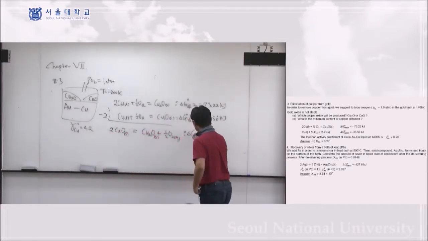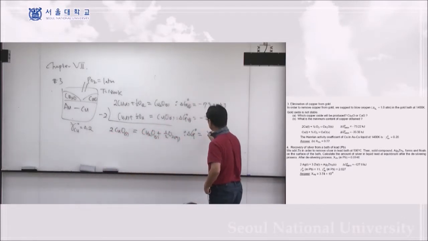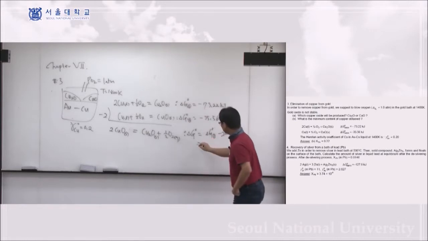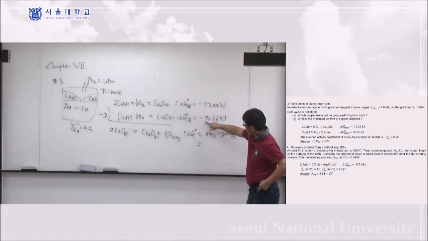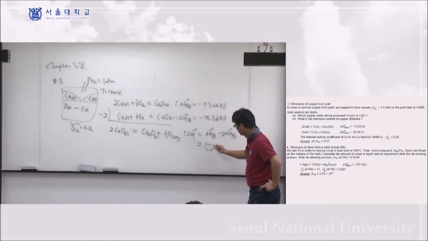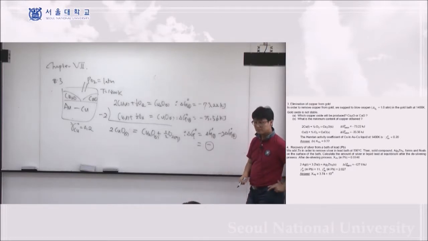This delta G naught equal to delta G naught 1 minus 2 times delta G naught 2. And this one is minus 73.22 and minus 2, so plus 70, so 71.12. Okay, so this will be negative. Am I right? So it's a negative value.